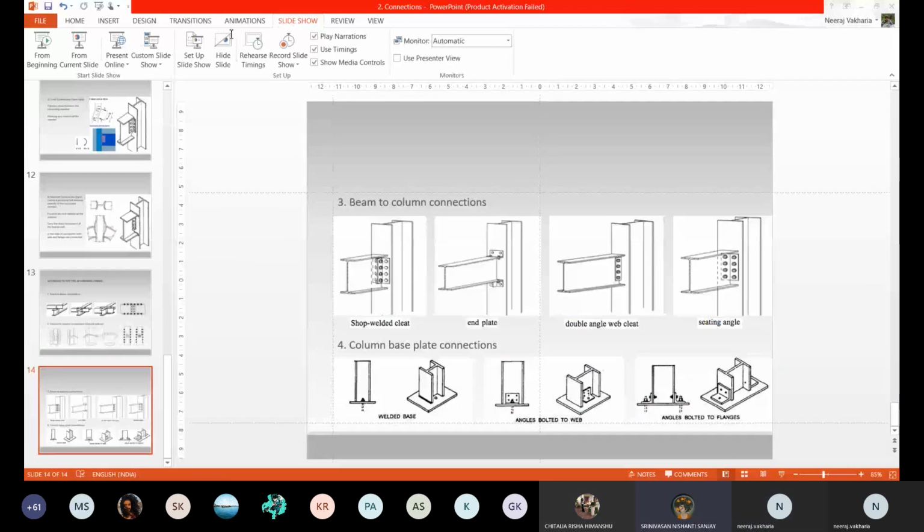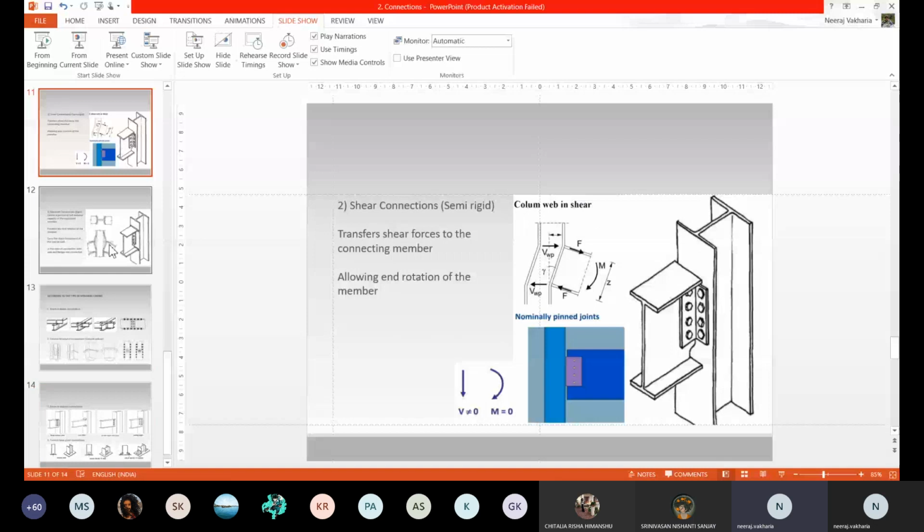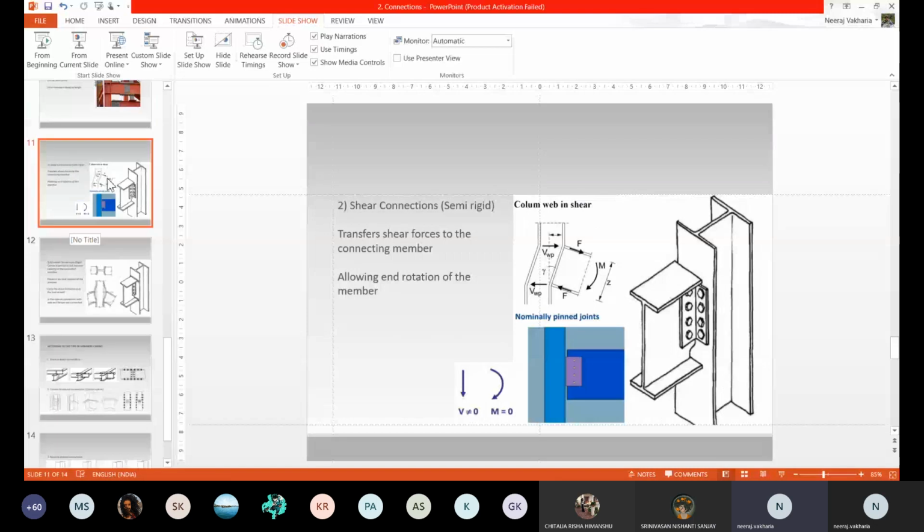So I had a doubt. Could you give some examples of where shear or semi-rigid joints are used? Like if the moment is not zero, but the shear resistance is zero, where could that be used? Okay, you might have learned the support conditions in second year, like pin joint, hinge joint, or rigid joint.